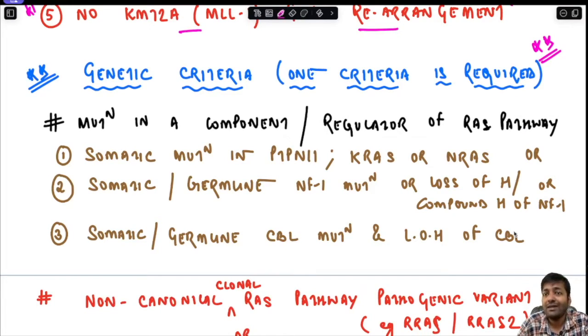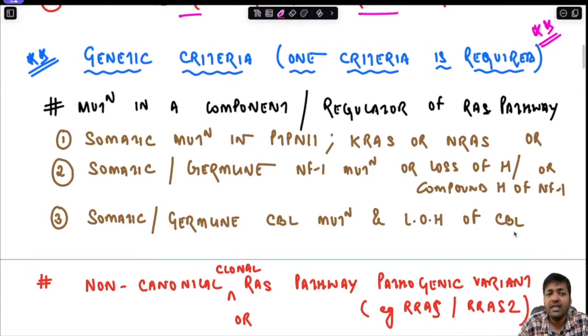So at least 1 criterion is required. Under this there are 2 subheadings. The first is that there should be a mutation in a component or regulator of the RAS pathway. So what are these mutations?